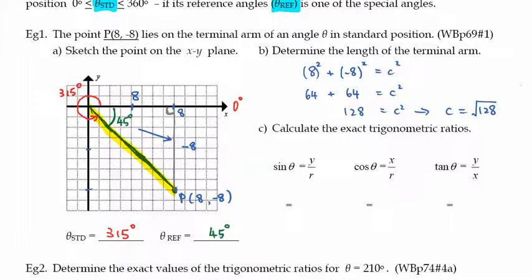Now, of course, you can probably simplify this radical. When it comes to the final exam, please make sure you simplify your answer. You can use a factor tree to simplify this radical.